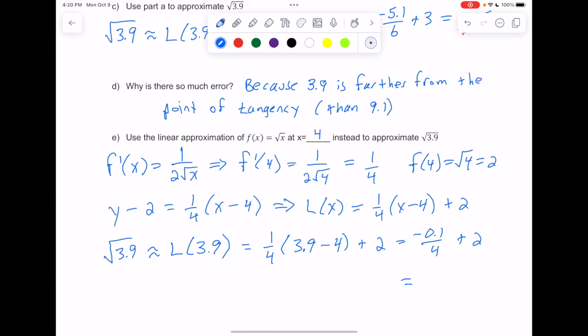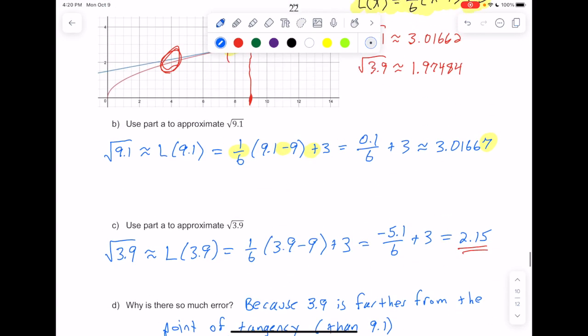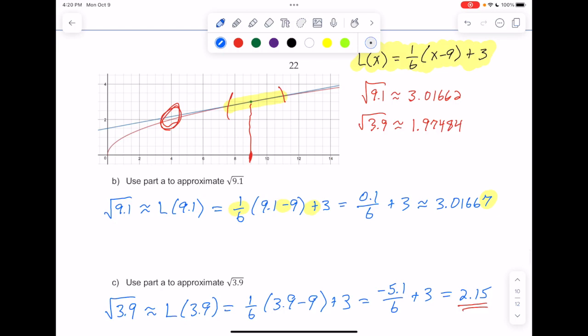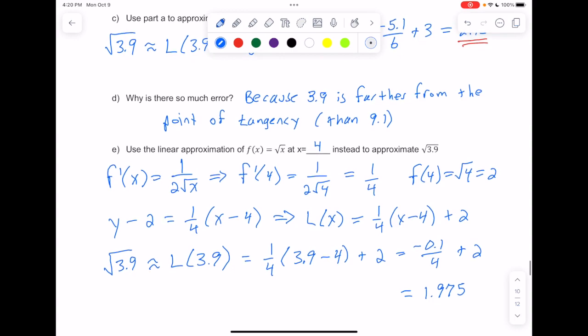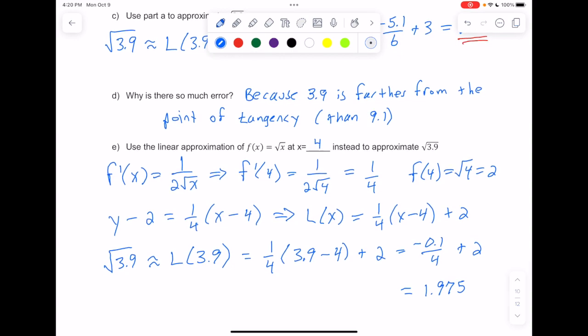When we do that, we get 1.975 exactly. And then let's compare that to the actual square root of 3.9, which we wrote down up above. We had 1.974, but followed by an 8. So if you rounded that to 3 decimals, it would be 1.975. So now we're getting a very good approximation, whereas before we were getting a bad one.